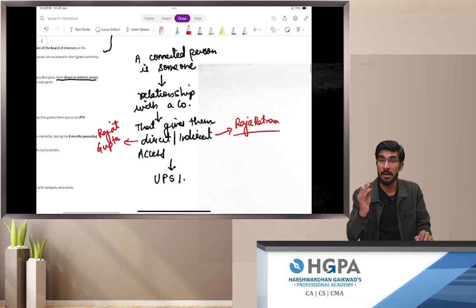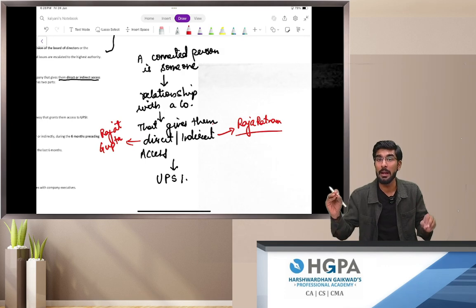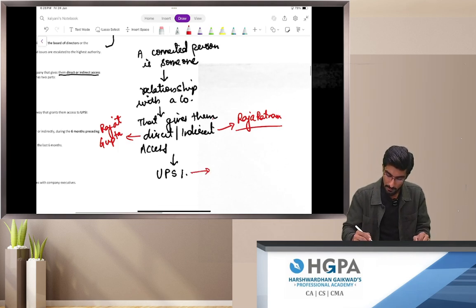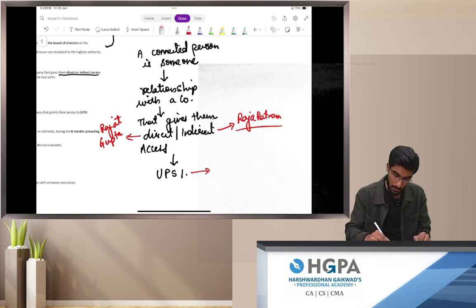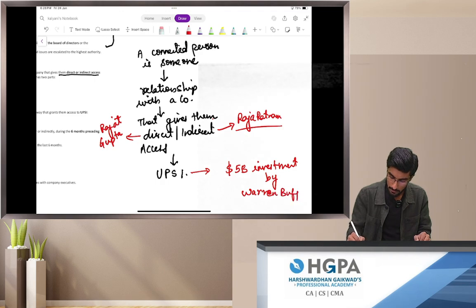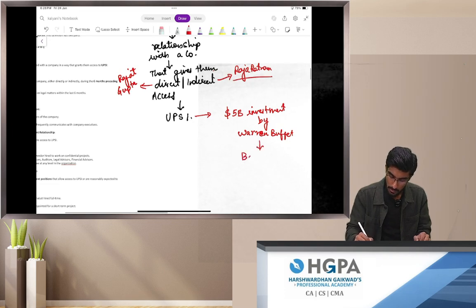So over here, a connected person is someone who has a relationship with a company that gives them directly or indirectly access to unpublished price sensitive information. Over here, the price sensitive information was the $5 billion investment by whom, people? By Warren Buffett through his company called Berkshire Hathaway.